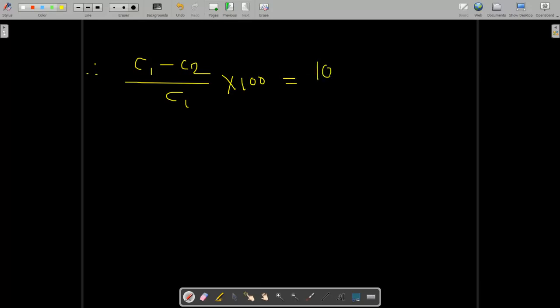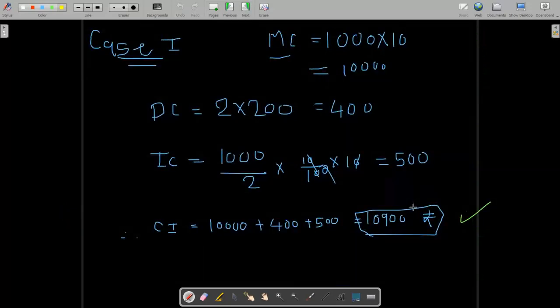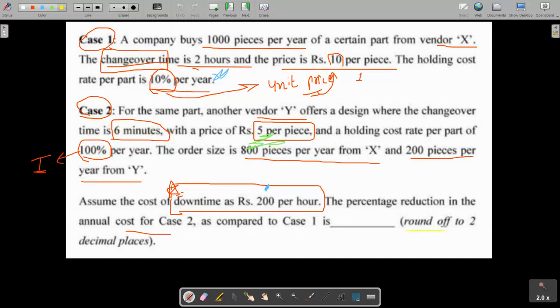Initial cost is 10,900 minus 10,320, divided by initial cost 10,900, multiply by 100. When you solve this, you will get 580 divided by 109. This will give you 5.32%. So here you can save the cost, 5.32% reduction. And before writing the answer, round off to 2 decimal places. So your answer is 5.32.